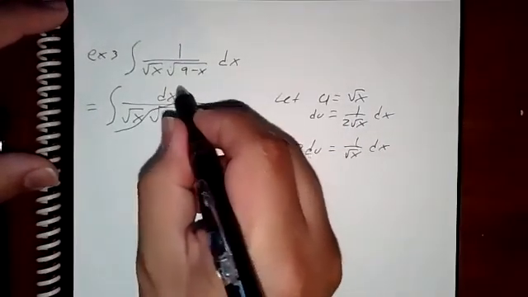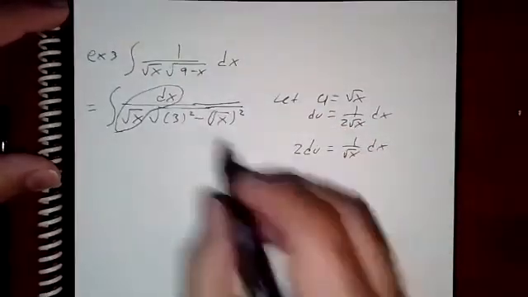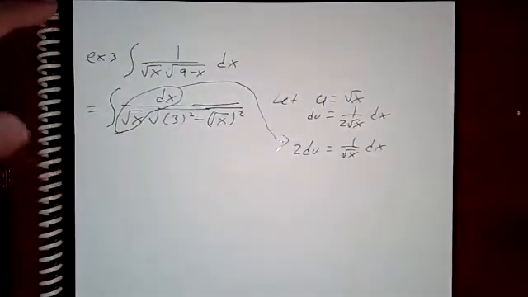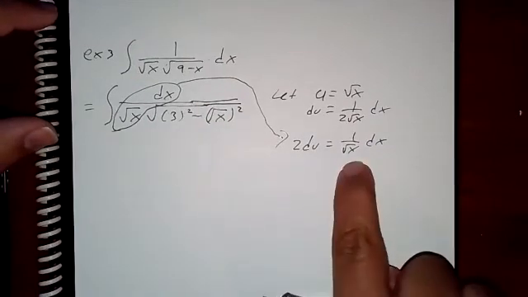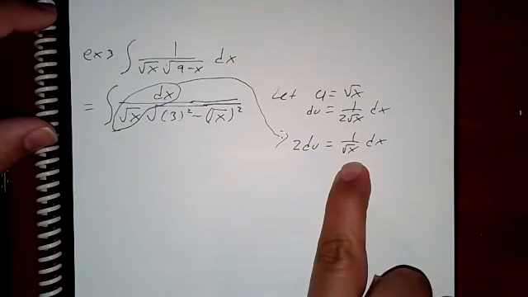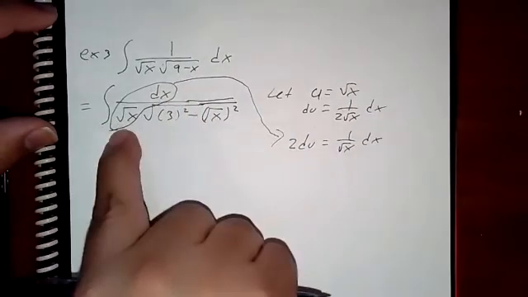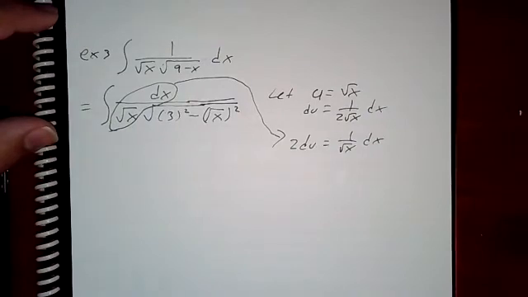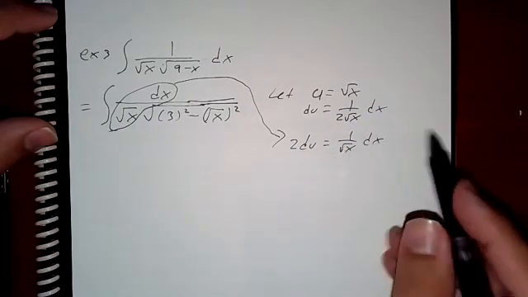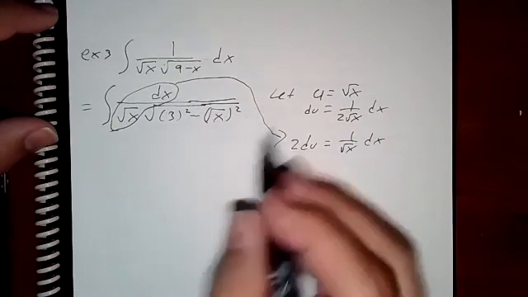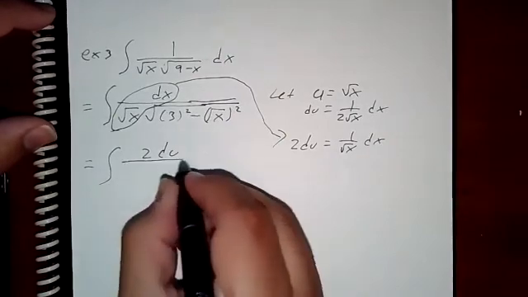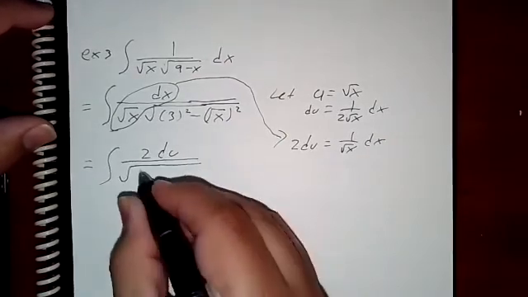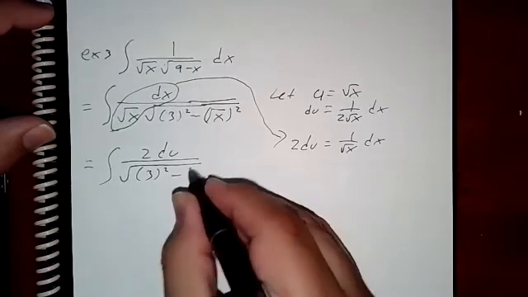So this right here is 2 du, right? You see it? That's the same as this, 1 over root x, with the root x on the bottom. So this will be replaced by 2 du. And then I'll replace this one with u. So I'm gonna have 2 du replacing that chunk, leaving me with 3 squared minus u squared.